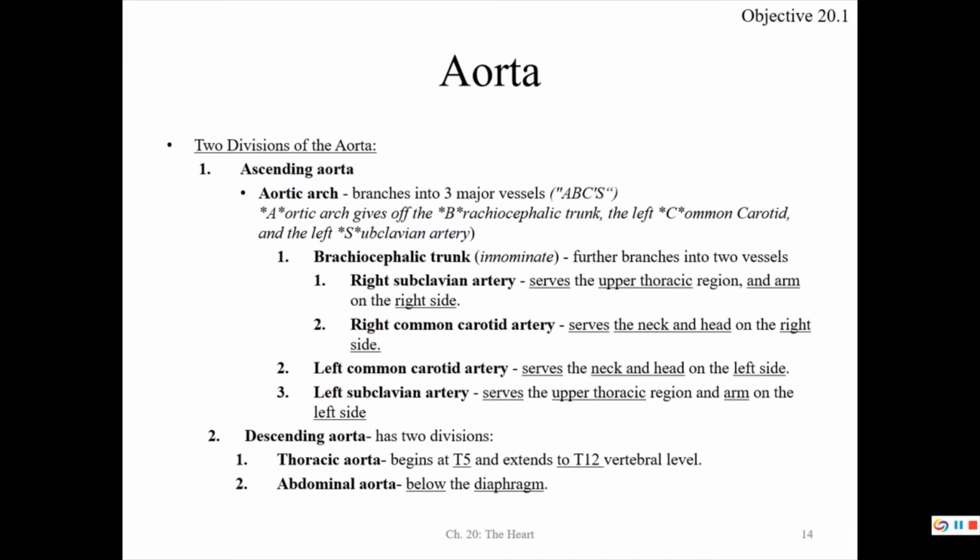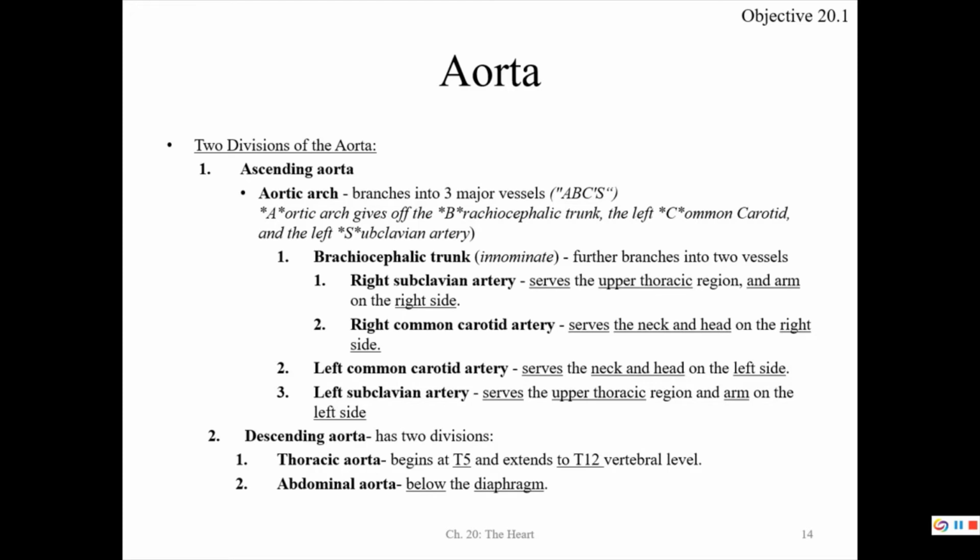Now, when the aorta branches off the arch, I always like to say there are two major divisions, the ascending and the descending, with the arch in between. I technically tend to count the arch as part of the ascending aorta as it goes to the descending aorta.